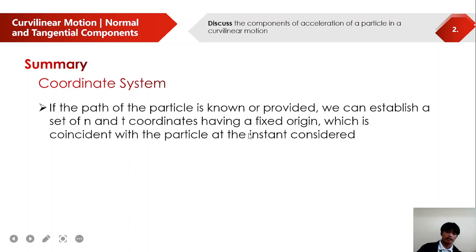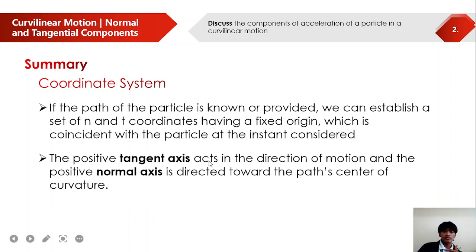We establish the fixed origin of the nt coordinates at the particle itself. The positive tangent axis acts in the direction of the motion, and the positive normal axis is directed toward the path's center of curvature.